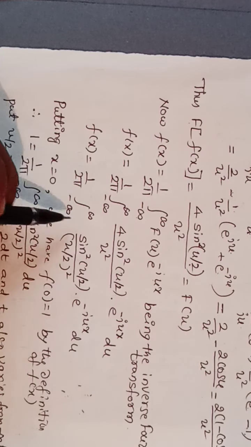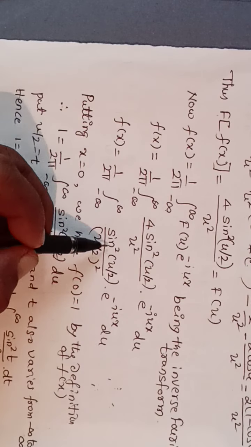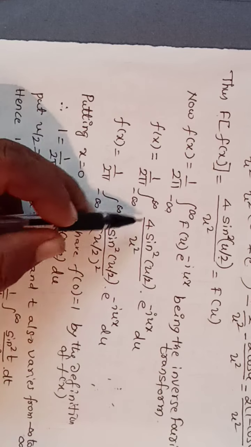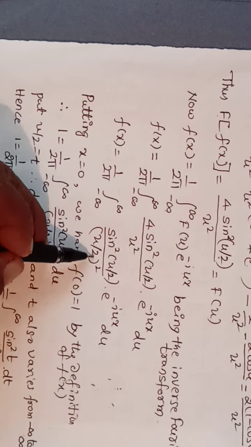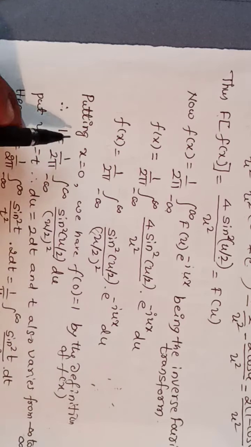F of x is equal to 1 upon 2 pi, minus infinity to infinity sin square u by 2, and this 4 you take outside, it becomes u by 2 the whole square, e raised to iux du.